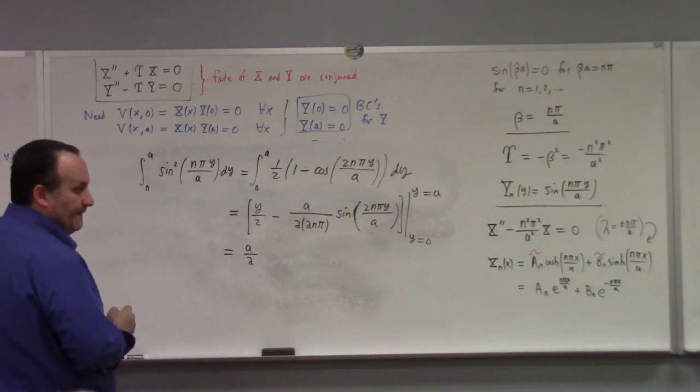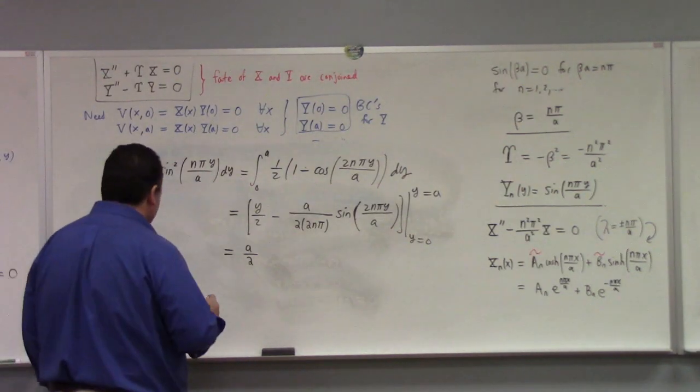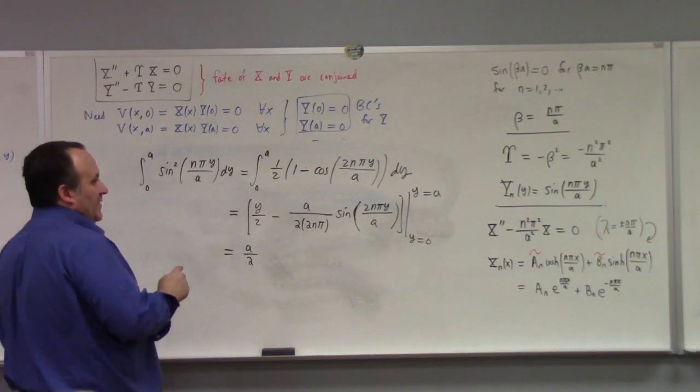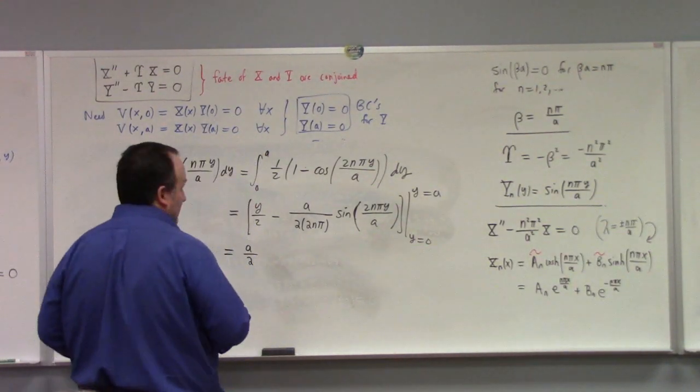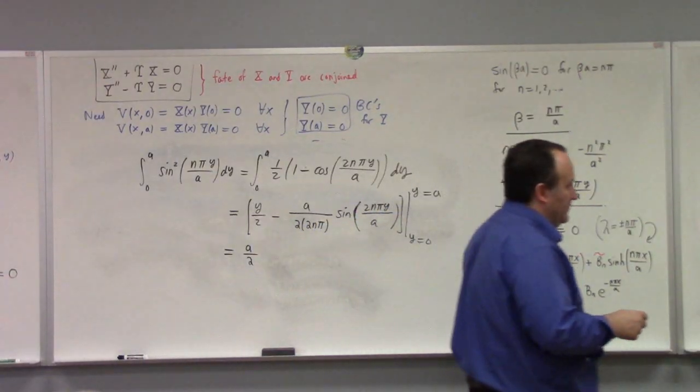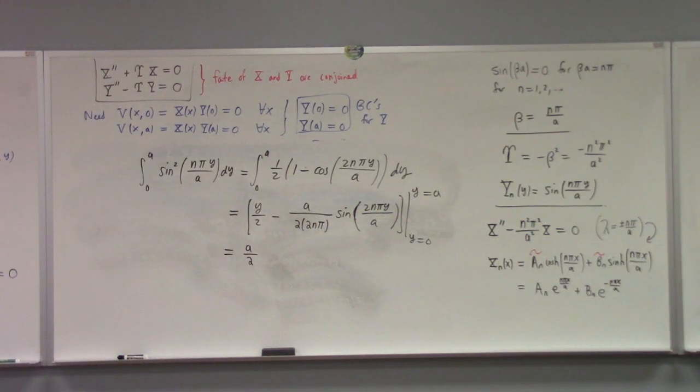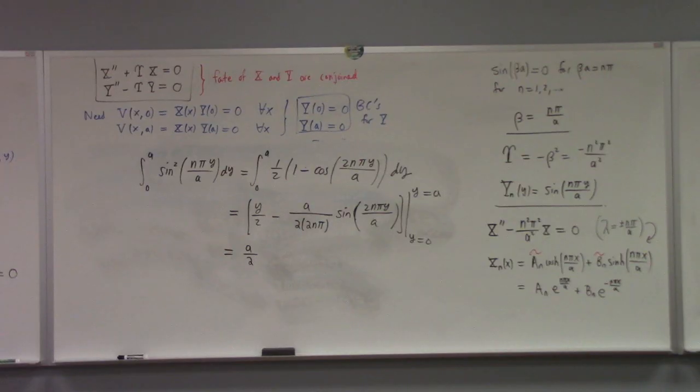Yeah. Which, when we go back to, if you believe my calculus, and please do, when we carry out the integration in the upper left-hand corner, this works out to a over 2 times the Kronecker delta of j comma n.